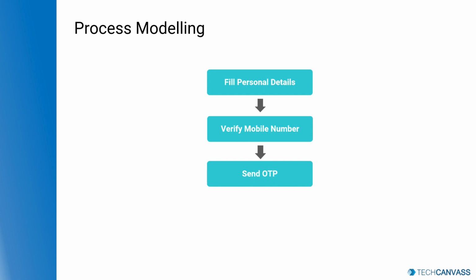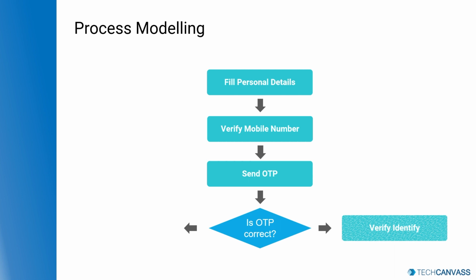One of the scenarios is when an OTP is sent to a mobile number and when you enter the OTP. The scenarios could be when you enter the OTP correctly or when you don't enter the OTP correctly. So the system must be aware of how to react in both these situations.